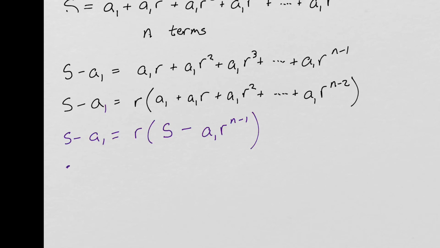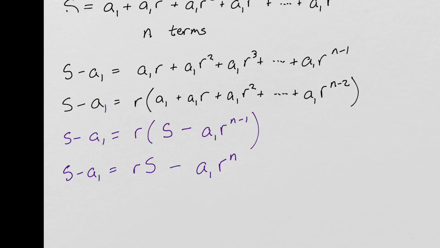So, here we go. S minus A1 equals RS minus, R times A1R to the n minus 1 is just A1R to the n. You should check that, make sure that makes sense to you, but we're multiplying this thing times that. It's just going to raise this power by 1. Well, n minus 1 plus 1 is just n. All right, excellent.